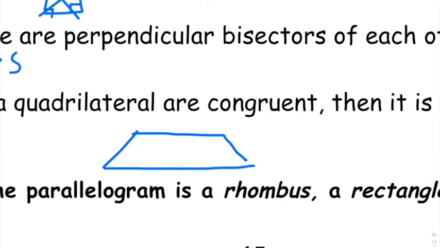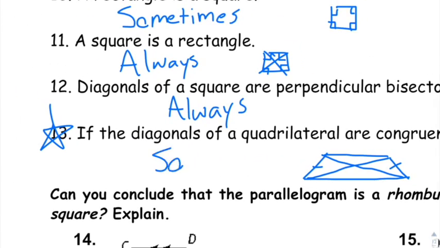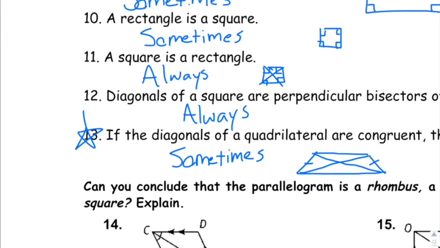It's called an isosceles trapezoid, if I can draw it well. The diagonals of an isosceles trapezoid, meaning the two legs of the trapezoid are the same, will be congruent. So I would say sometimes on this one. That's kind of tricky, one where you've got to think a little bit outside of the box.